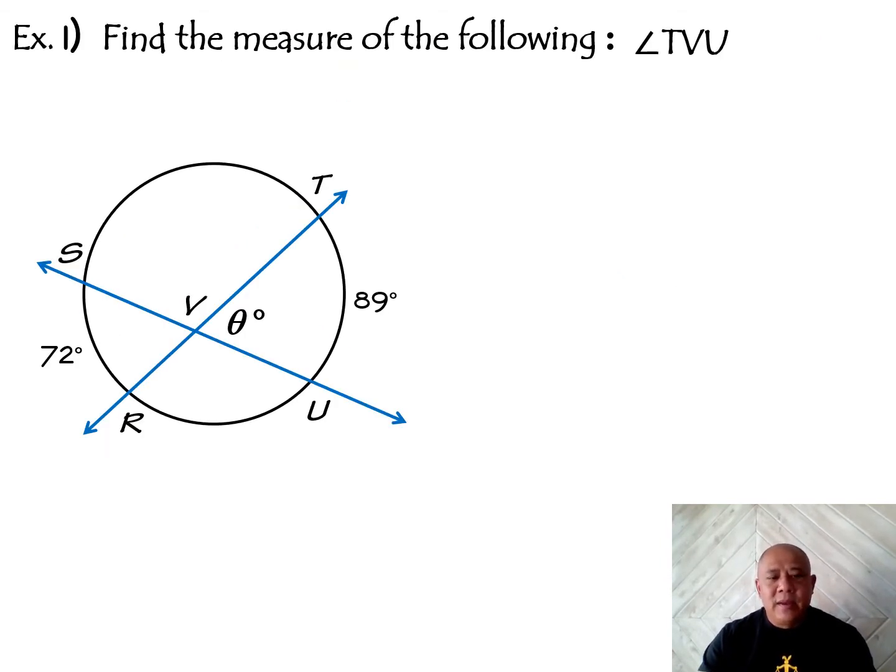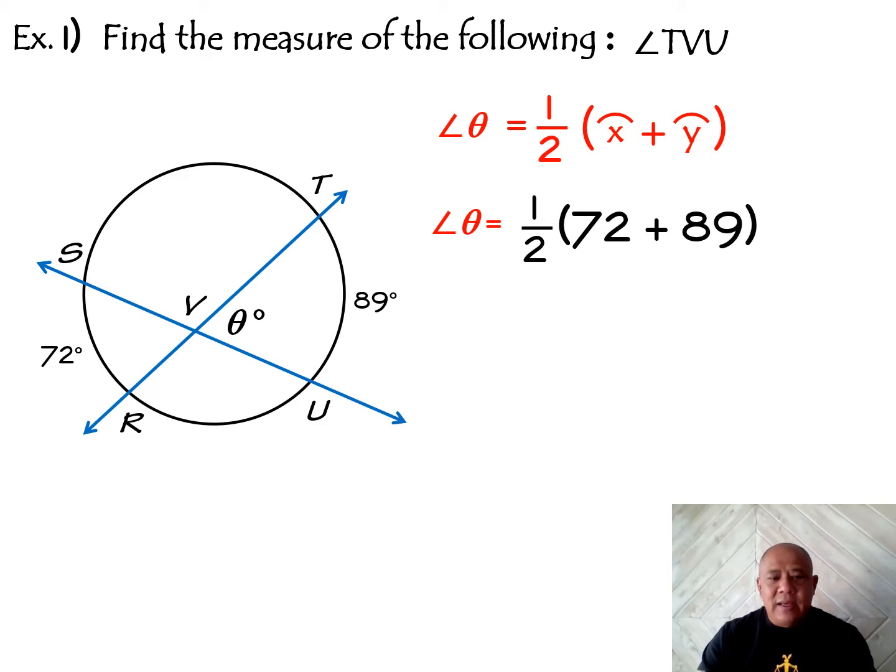Example 1. Find the measure of angle TVU. TVU is angle theta. So again, the formula here is theta equals half the sum of the two arcs. And if you look, let's substitute it.